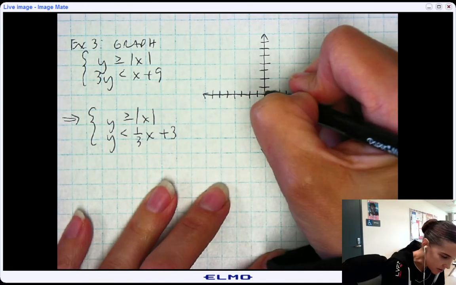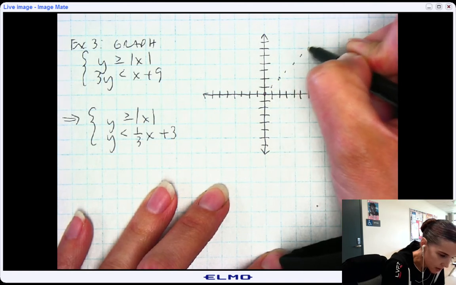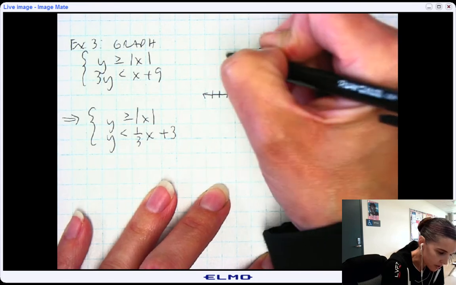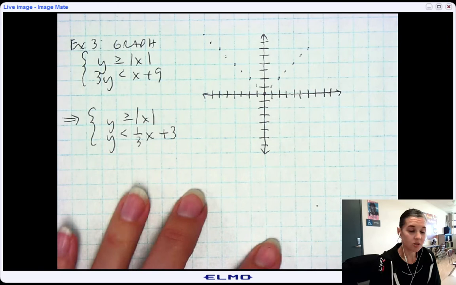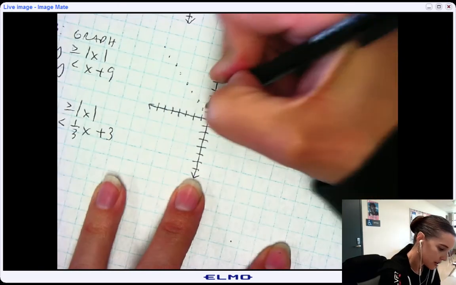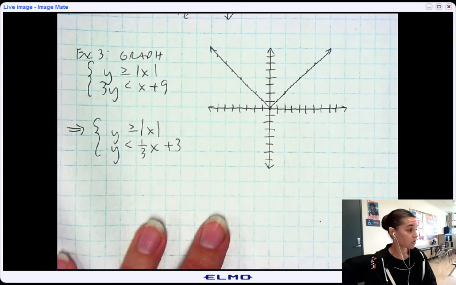I'm going to start at 0, 0, and I'm going to go one by one. And then I'm also going to go one by one in the other direction. Now, since it could be equal to, it's nice and solid. So this here is solid. And this over here is also solid. So that's how you graph an absolute value.